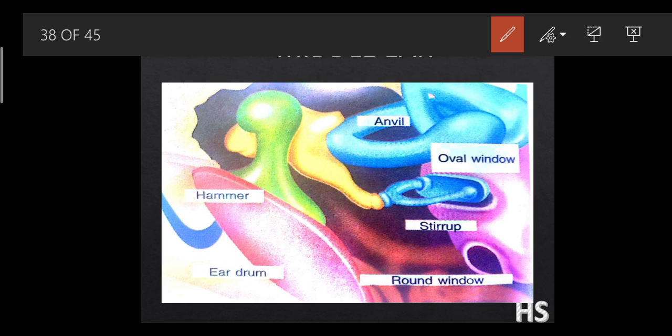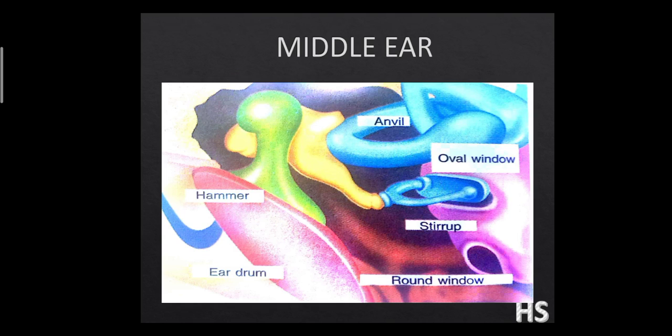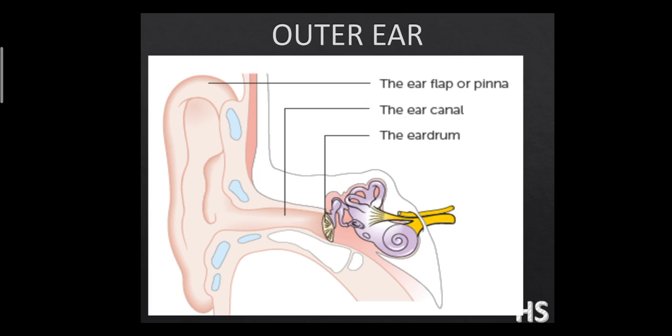Why are they called the ear ossicles? Because they are three small bones, and together, hammer, anvil and stirrup help to produce this sound. Okay, now this is the eardrum.